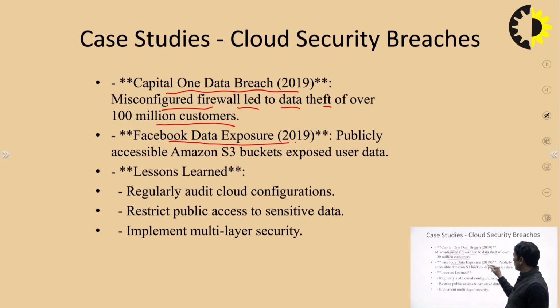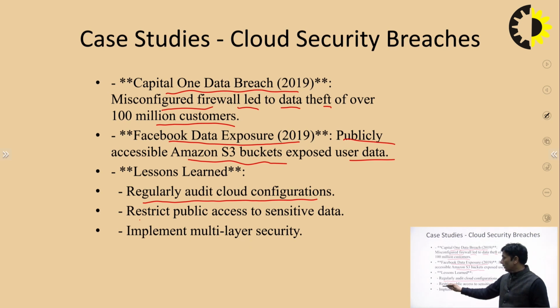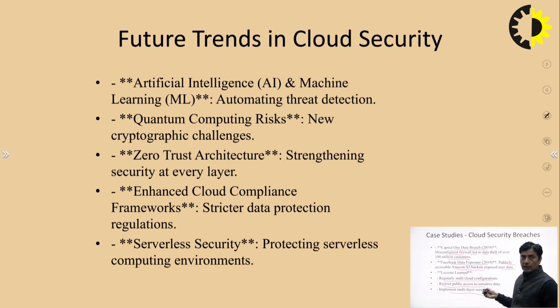Facebook data exposure in 2019: a publicly accessible Amazon S3 bucket exposed user data. So what lessons do we learn from these exposures? Regulatory audits should be there, proper configuration should be there, restrict public access to sensitive data, and implement multi-layer security. These are the particular lessons that we learn.